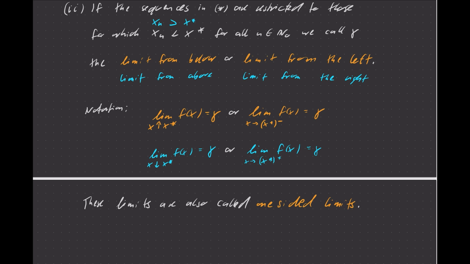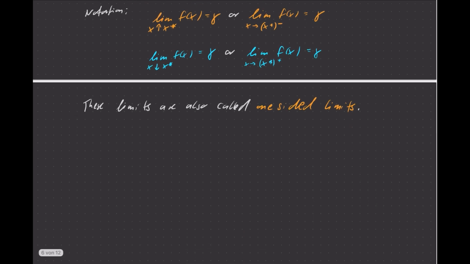Okay, point 3, that's a very simple one. If a function has a limit, then we just say the limit of f for x to x star exists. And the same is true for one-sided limits, of course.